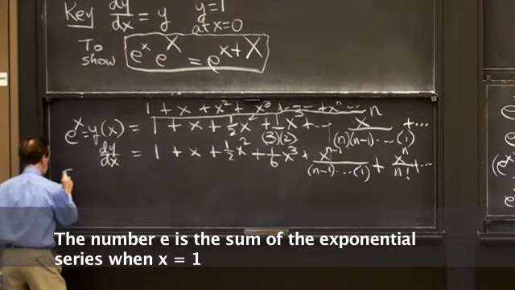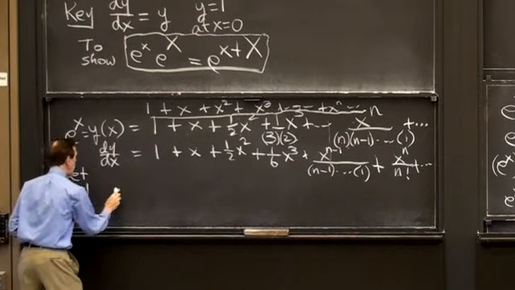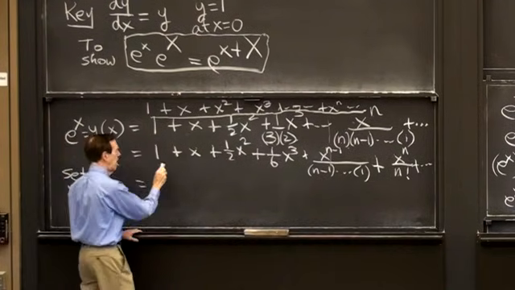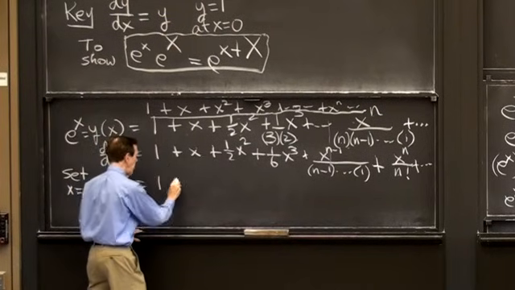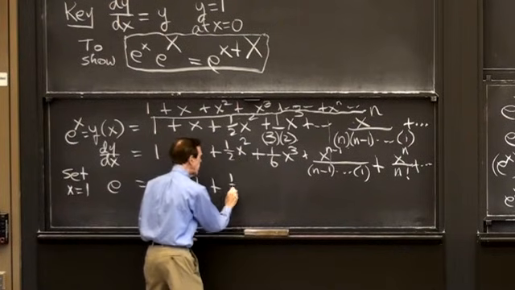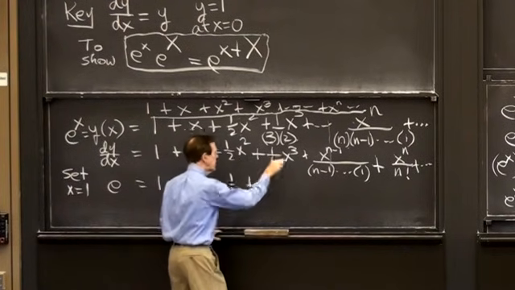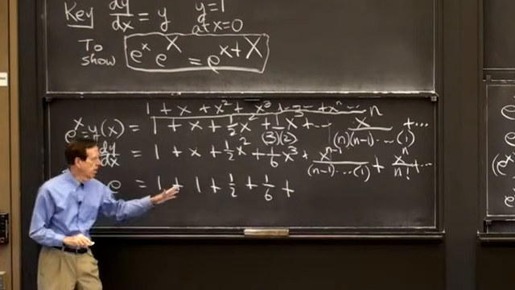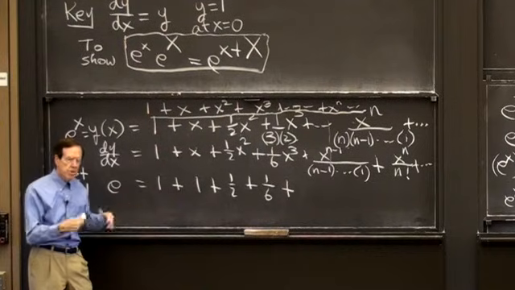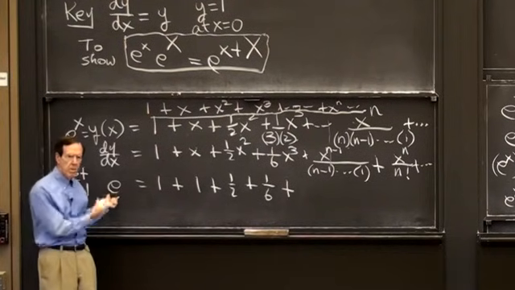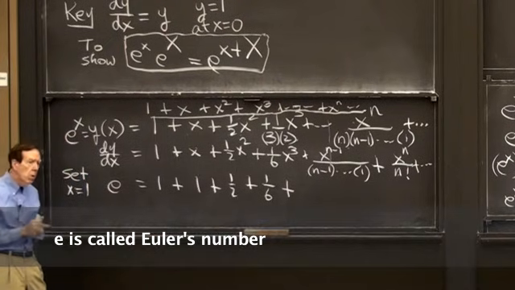Set x equal 1, and you learn that e to the first power, which is e, is, can I just put it in? 1 plus 1 plus 1/2 of 1 squared plus 1/6 of 1 cubed. What's the next term in this? So these are numbers now, and I'm getting a number, this incredible number e, named after Euler.